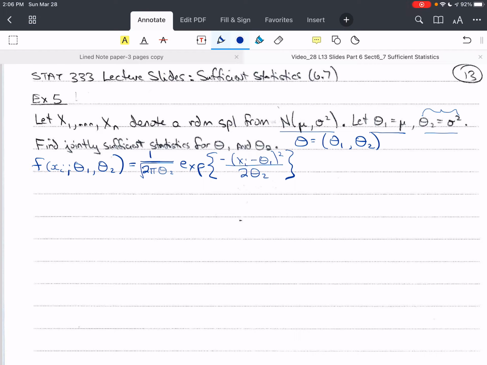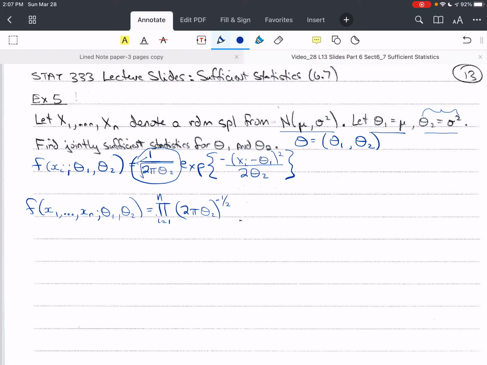Okay. And then we need the joint PDF of x1 up to xn, theta 1, theta 2. That's going to be the product of this. I can write that out just for the sake of doing it. I'm going to change this to 2 pi theta 2 to the negative 1/2.